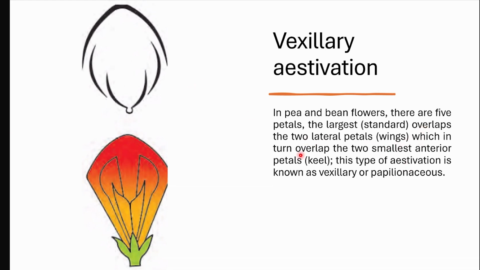These two lateral petals are known as the wings, which in turn will overlap the two smallest anterior petals, known as the keel. That will further be overlapped by these wings or the lateral petals. This type of aestivation is known as vexillary or papilionaceous, right? So this is vexillary aestivation.